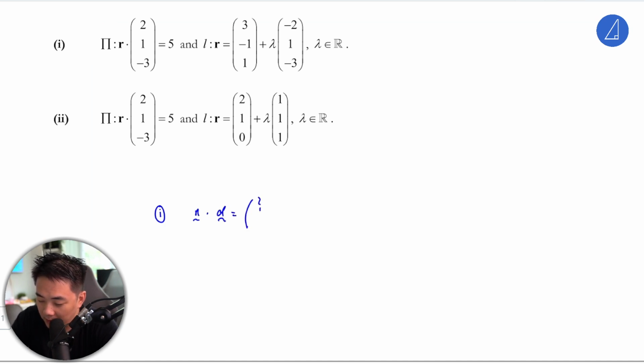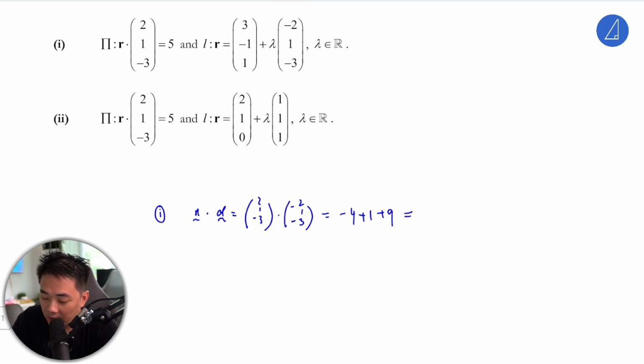So this is 2, 1, minus 3, and 2, 1, minus 3. Very quickly, I can see that this is minus 4 plus 1 plus 9, which is actually not equal to 0. So we will have 6. Hence the line is not parallel.